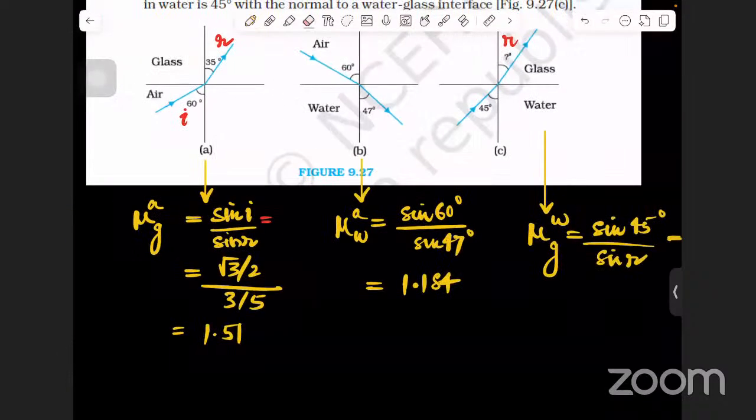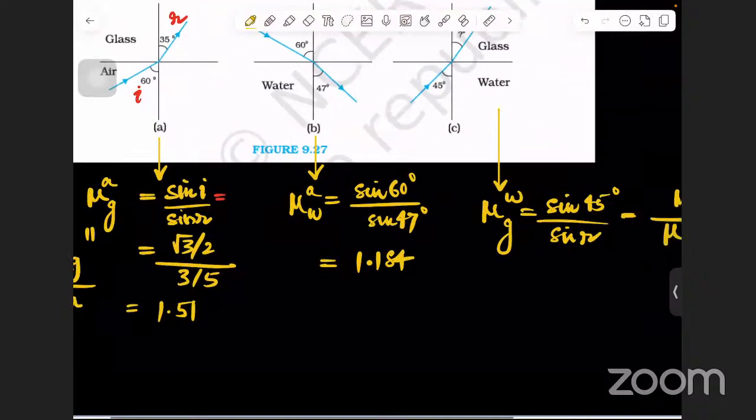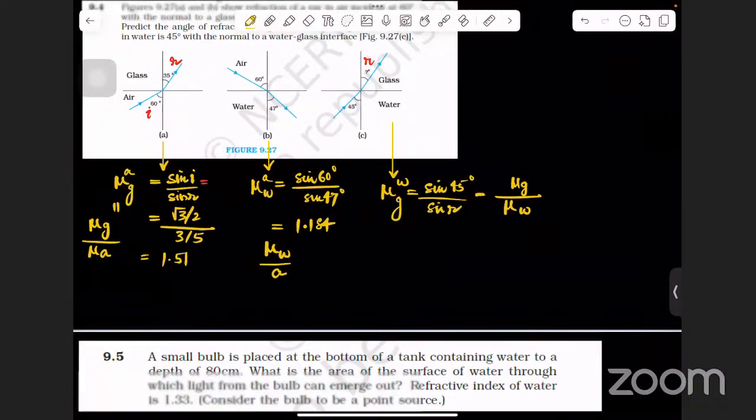Let's break down these two things also over here. This would be equal to mu of glass by air, and this is mu of water over air. So we have these two expressions, mu of glass over air and mu of water over air.